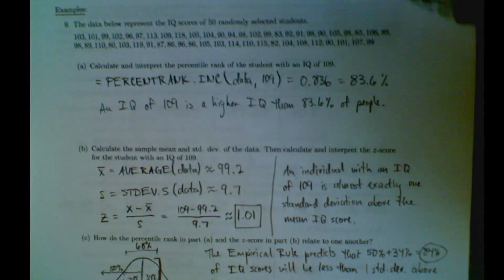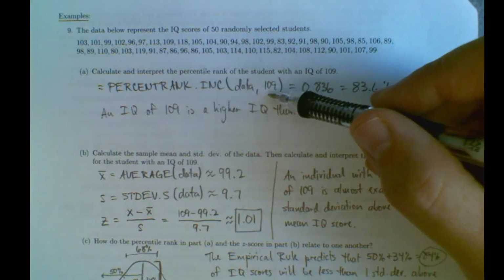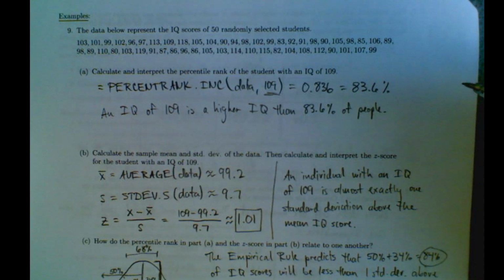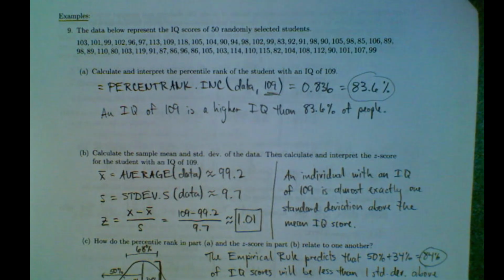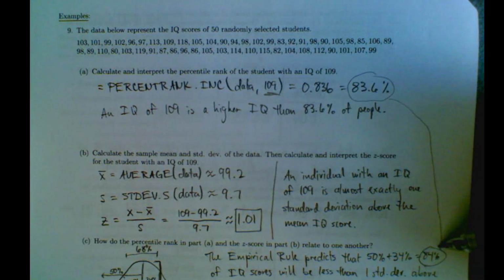That's exactly verified by looking at the percentile rank of an IQ score of 109, because 83.6% rounded to 1 decimal place is 84%.